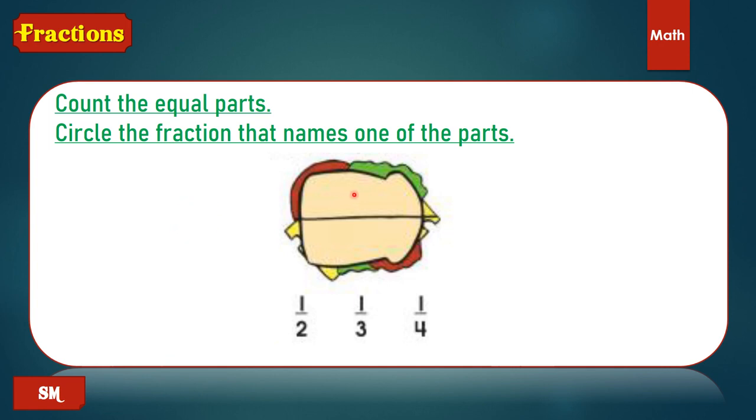Okay. Here, how many parts in this sandwich? 1, 2. And if I took 1, it will be 1 over 2. So this one is 1 over 2 and this one is 1 over 2. 1 from 2 and this is 1 part from 2 parts. So I will circle 1 over 2. Or I can read it as, very good, half.